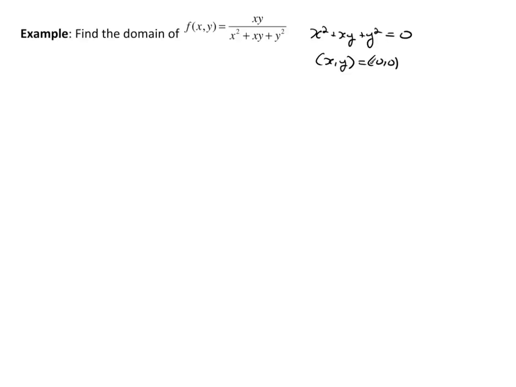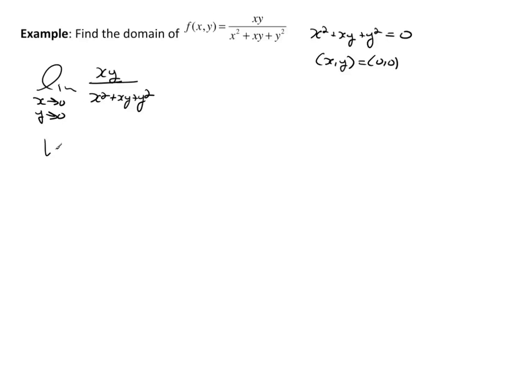But now my next question is, what's the limit? Does the limit exist? So I want to take a look at the limit as x and y both go to 0 of xy over x squared plus xy plus y squared. Does this limit exist? Well, I'm going to take a look at this from a couple of different angles.